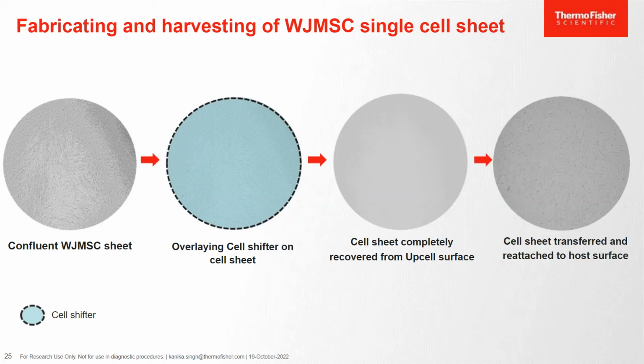And then, as you can see here in the third picture, all the cells got attached to the cell shifter and nothing was left at the bottom. These cells were then transferred to the host surface where they got attached because of the ECM protein, which still remains intact as I mentioned in the previous slide. And once these cells were transferred, they were characterized using different antibodies and live dead stains in order to confirm their viability.